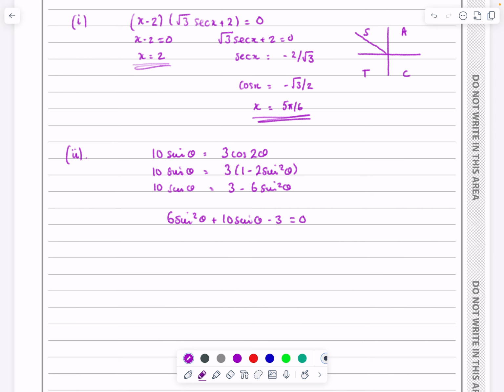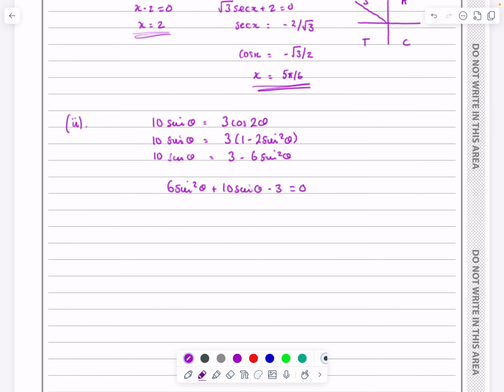Doesn't look like it's going to factorize. You could try and factorize it, but I'm just going to jump straight in and use the quadratic formula. So sine theta is going to be equal to minus b plus or minus the square root of b squared minus 4ac, all over 2a, so all over 12.